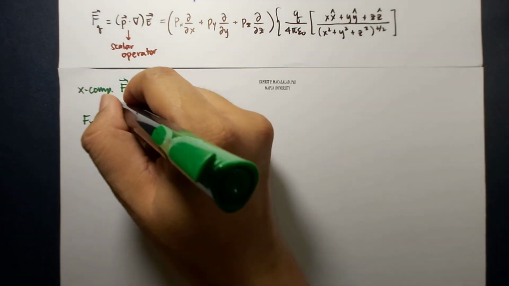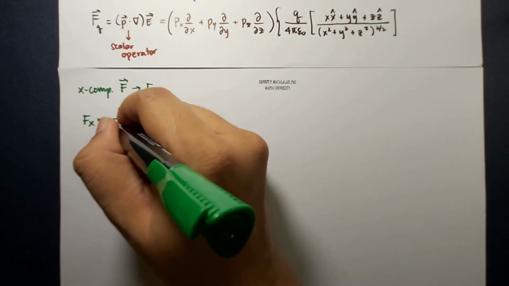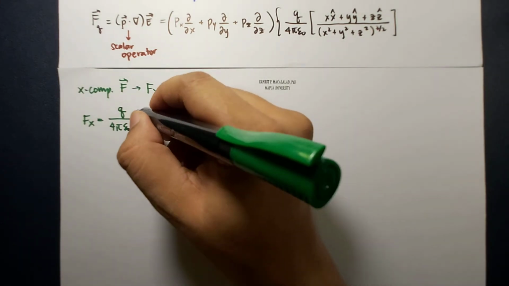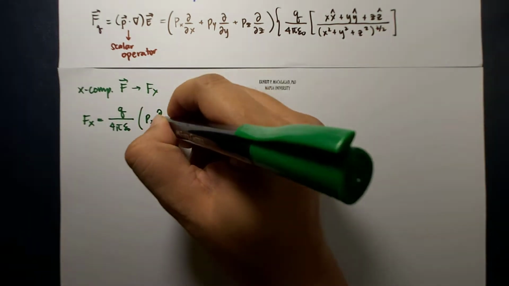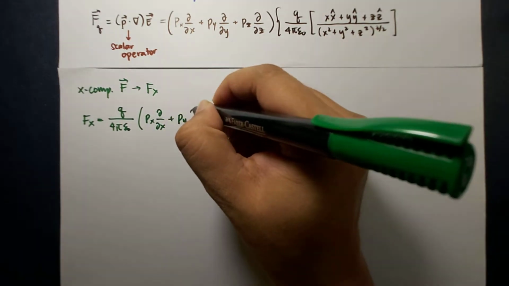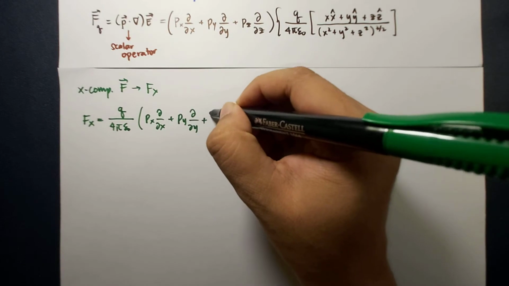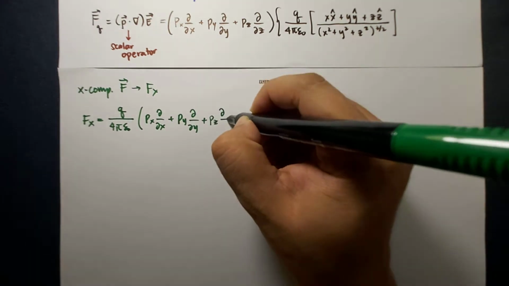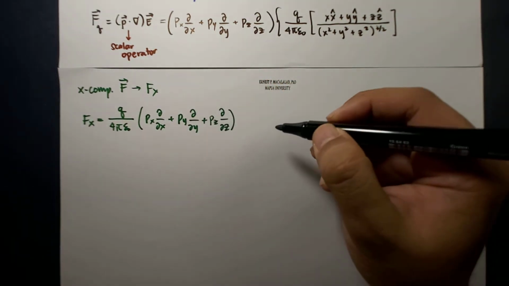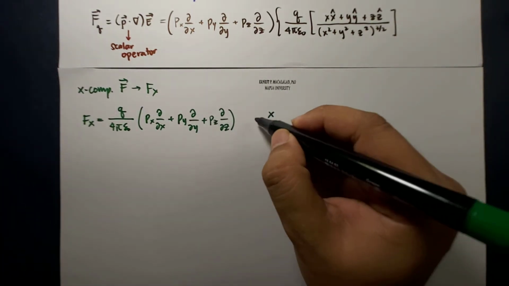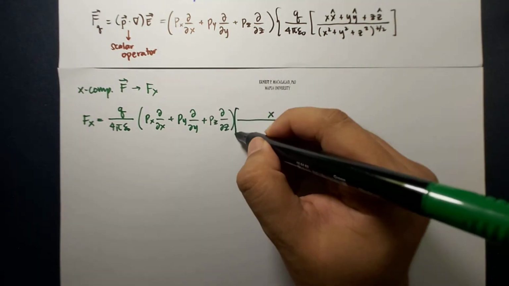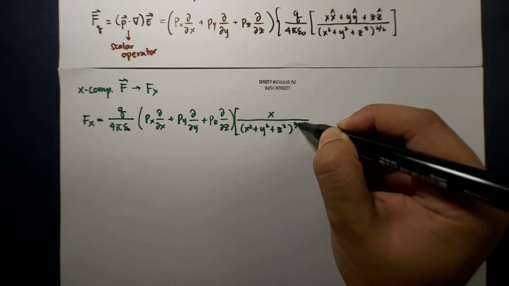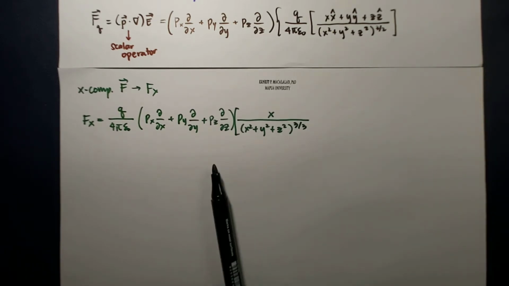So this is Q over 4 pi epsilon naught times px derivative with respect to x plus py derivative with respect to y plus pz derivative with respect to z. And then this acts on x divided by x squared plus y squared plus z squared to the 3 halves.